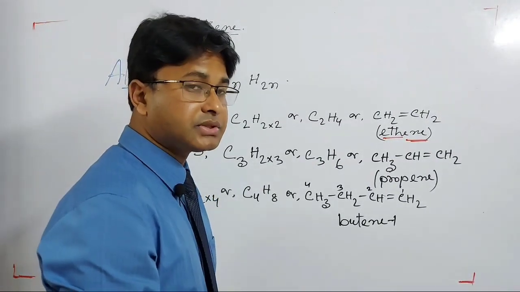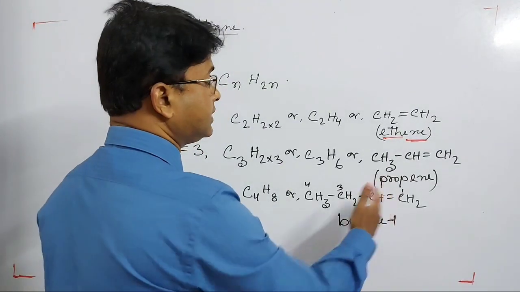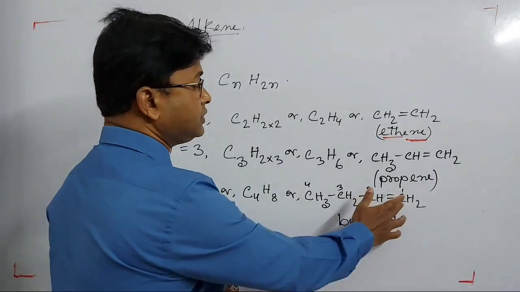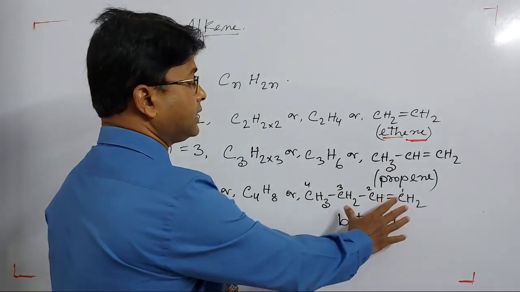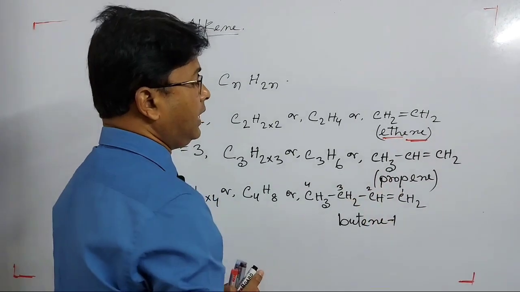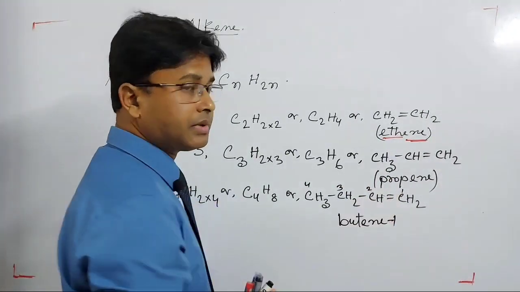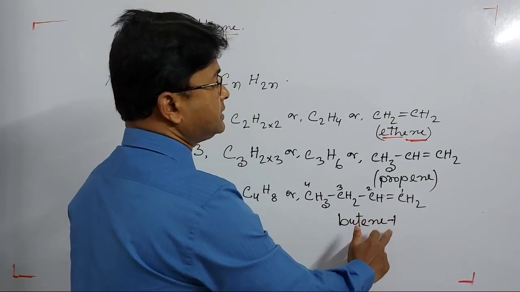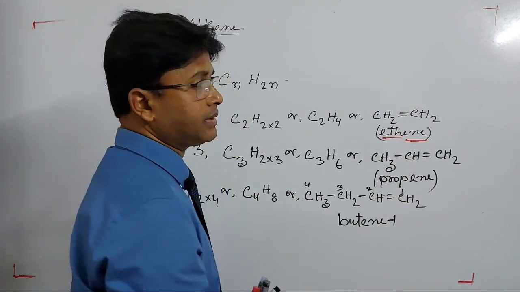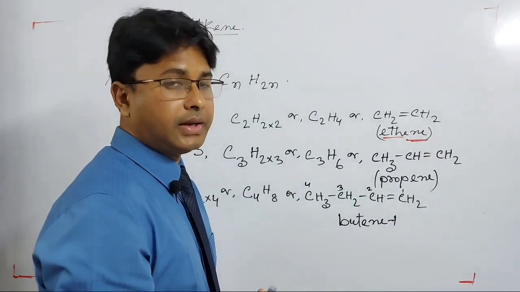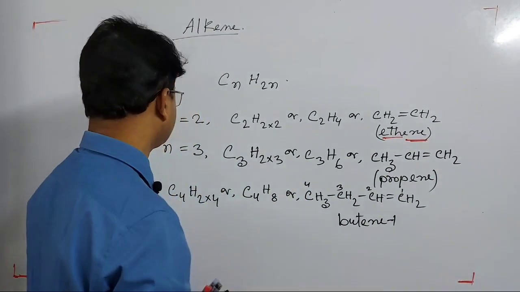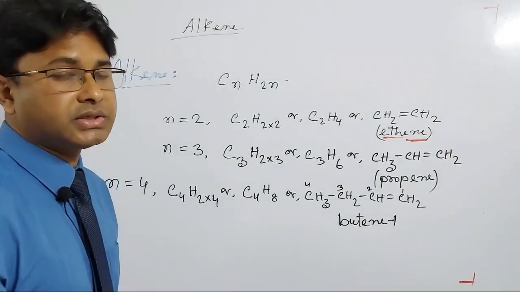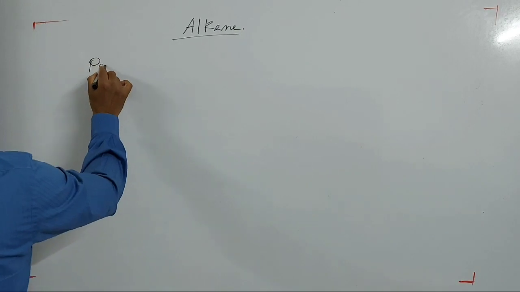That's why I have to start the numbering from the right side, and the resulting name is but due to the number of carbon atoms 4, and ene due to the carbon-carbon double bond, and hyphen 1 means the position of the double bond is at carbon 1. That's all about the nomenclature of alkene.